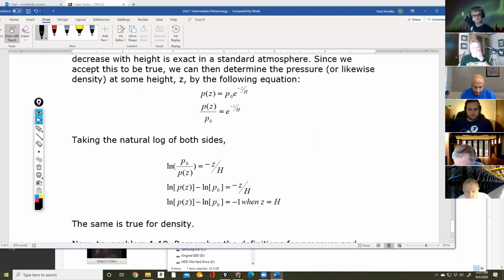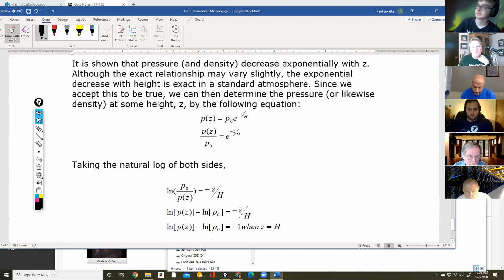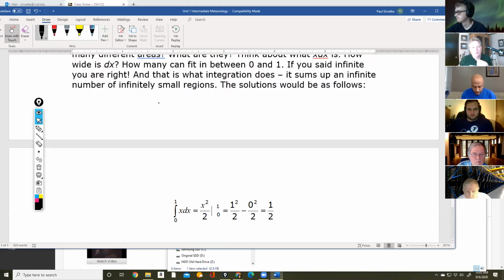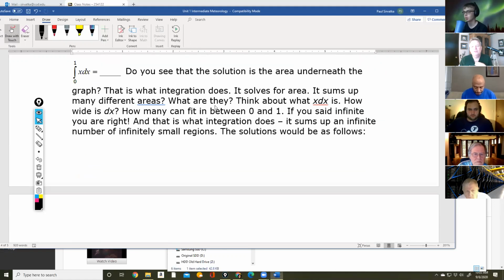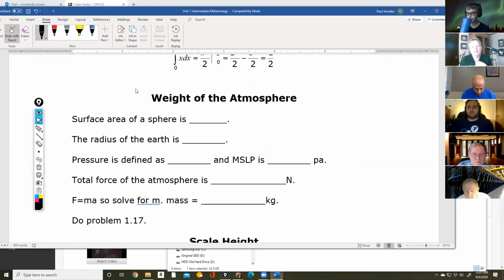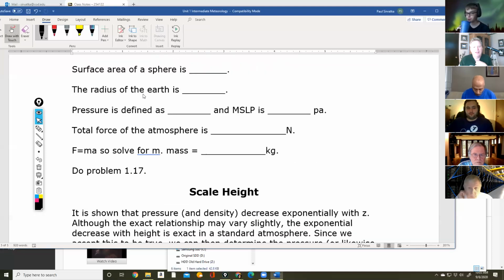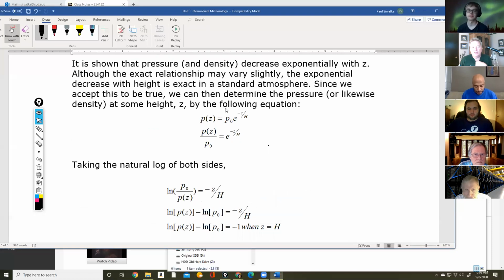Okay, so now we got that stuff with the integration. So hopefully this makes some sense to you. If not, go back and check it out. And then there's just some other stuff that you need to look up and take a look at. Then we start going into scale height.